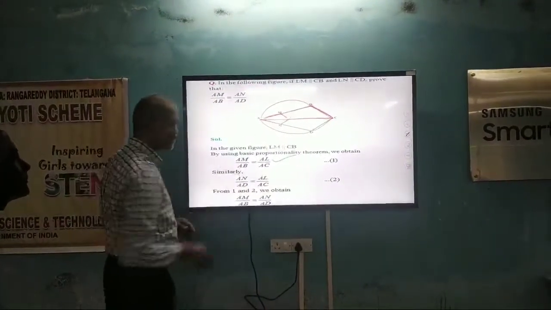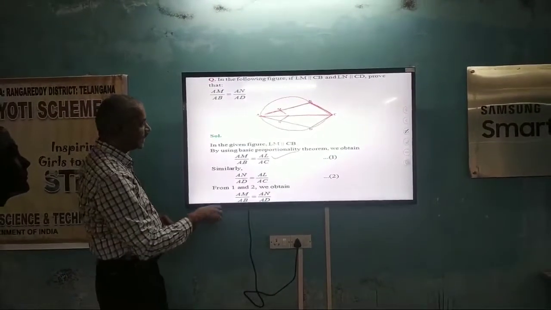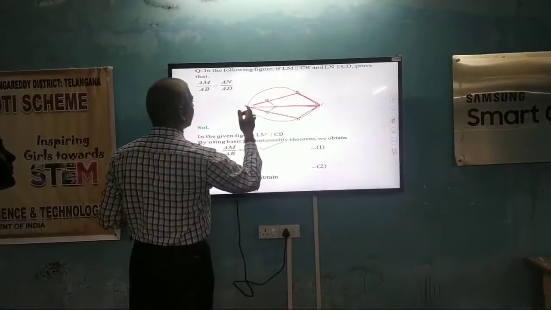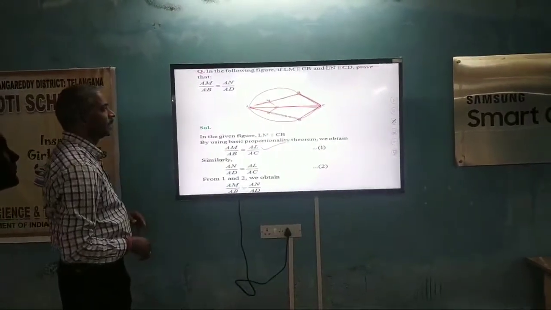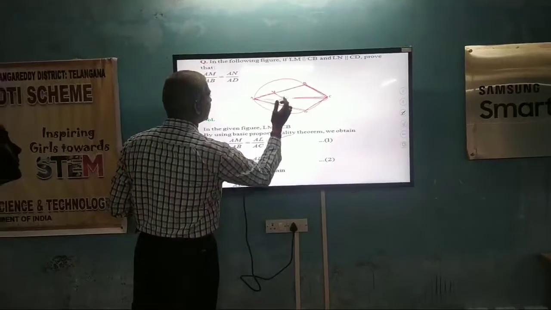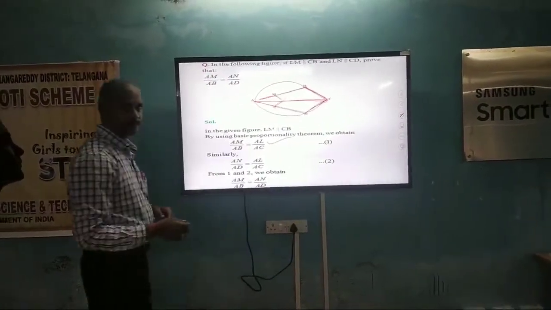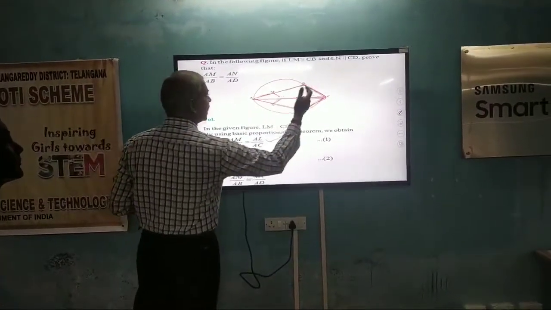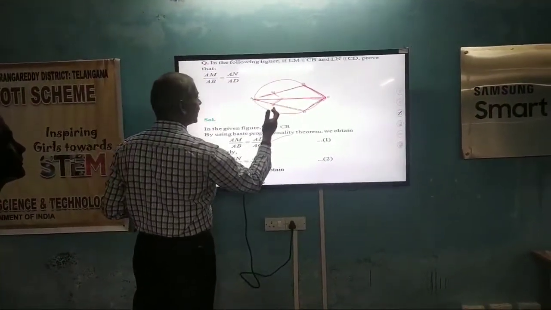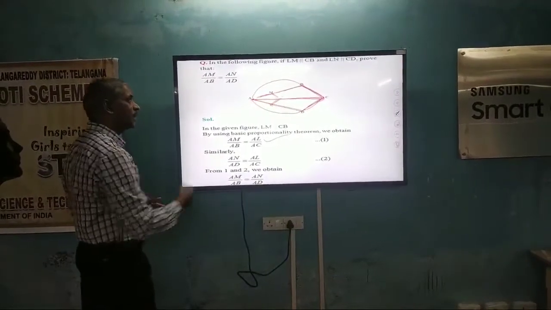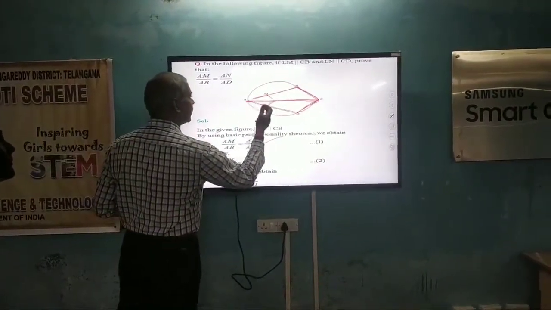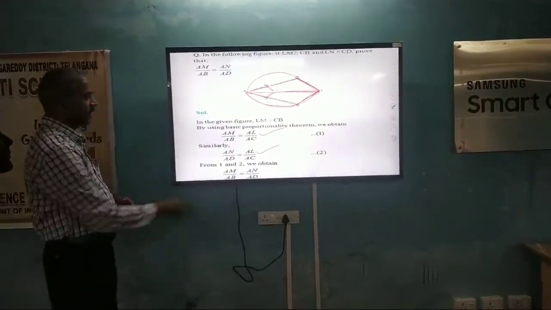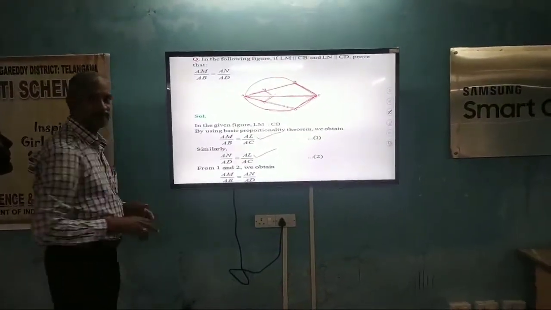Let it be 1. Now in triangle ADC, NL is parallel to DC. Again by basic proportional theorem, AL by AC is equal to AN by AD, or AN by AD is equal to AL by AC.